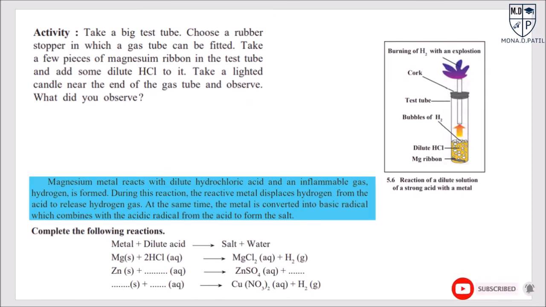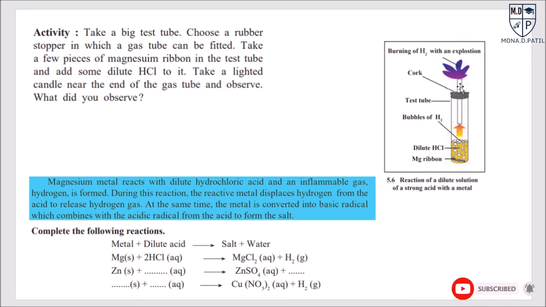Reaction of acid with metal. In this reaction, here you can see dilute hydrochloric acid poured on the magnesium ribbon piece. In that case, hydrogen gas will evolve, or bubbles of hydrogen will come out. And here the test tube has been closed with a rubber cork.